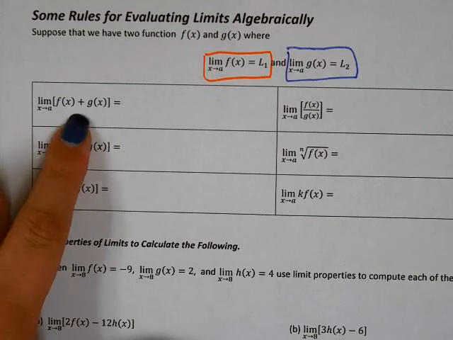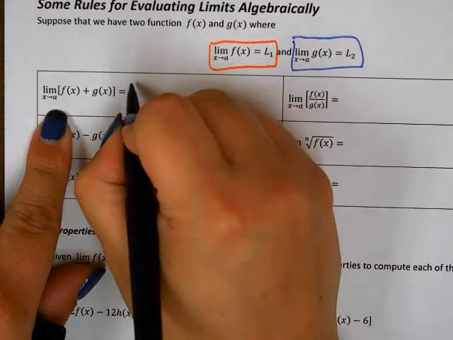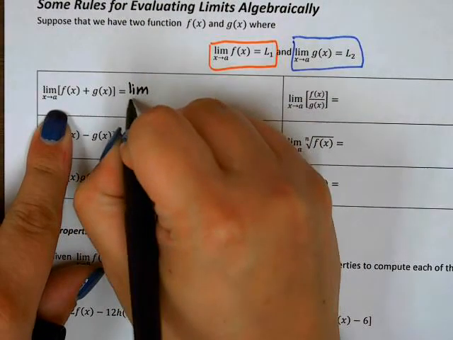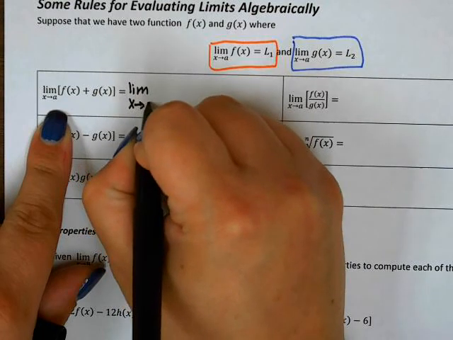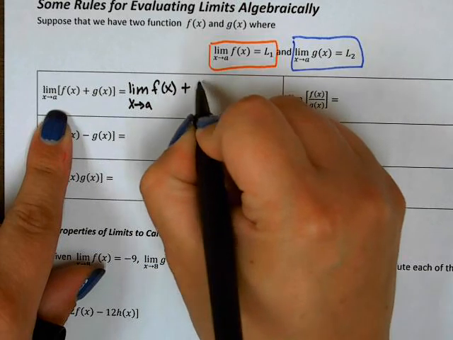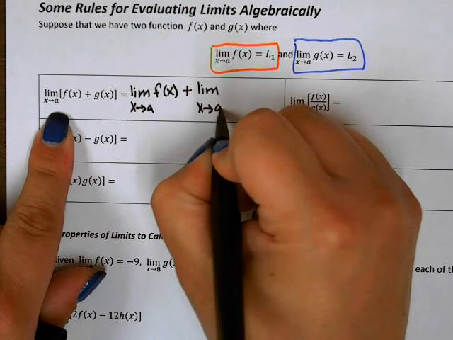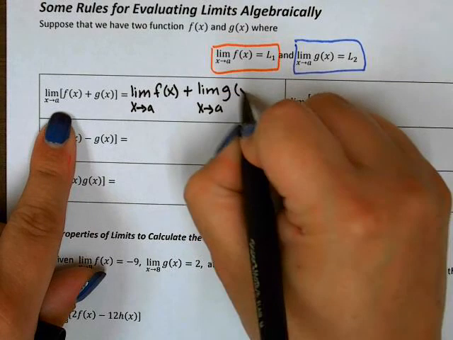So if I take these two functions and I add them together, then I know I can take those limits and I can actually break them apart. So I can say that this is the same as the limit as x approaches a of f of x plus the limit as x approaches a of g of x.